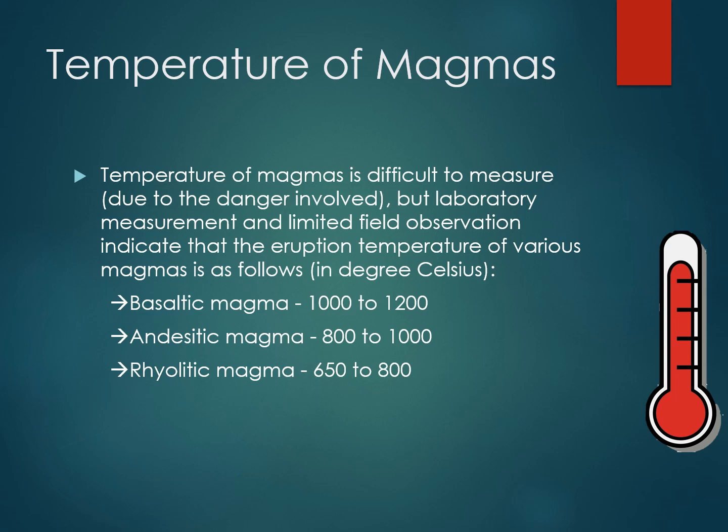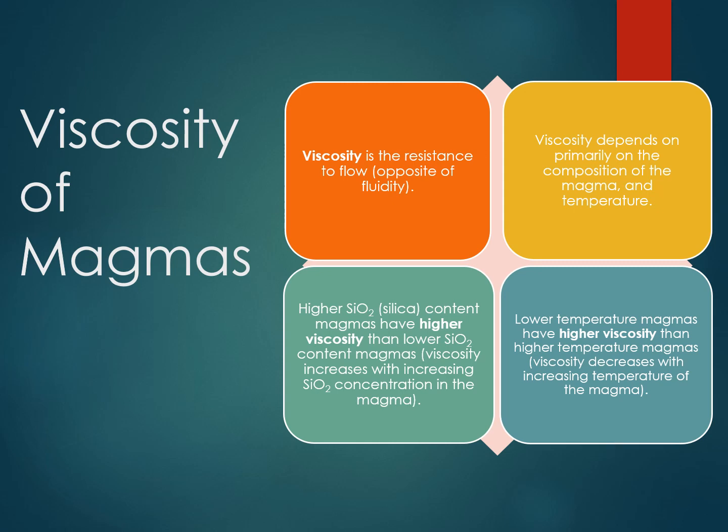Basaltic magma is from about 1000 to 1200 degrees Celsius. Andesitic magma is about 800 to 1000 degrees Celsius, and rhyolitic magma is about 650 to 800 degrees Celsius in temperature.